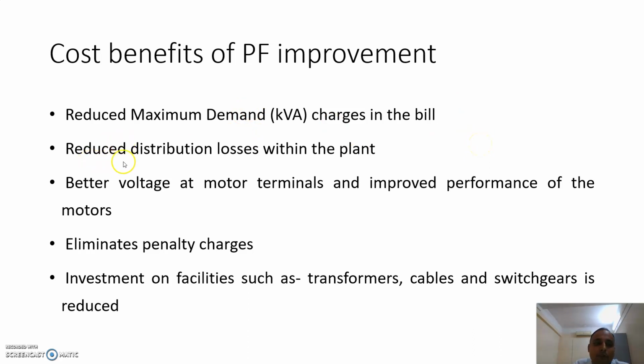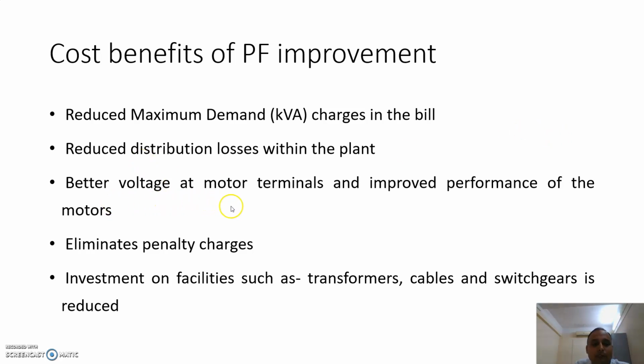There is another cost benefit, that is reduced distribution losses within the plant in an industry. If the value of kVA decreases, then the current also decreases along with it, and that current is responsible for the distribution loss in terms of I squared R loss, so that gets reduced.